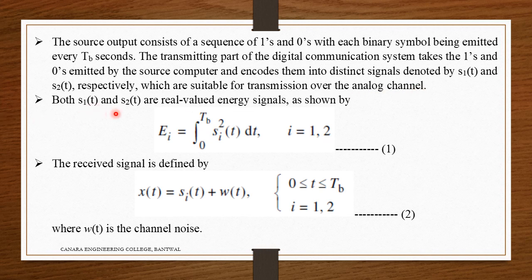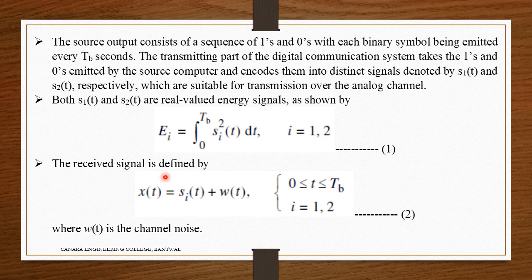Both s1(t) and s2(t) are real-valued energy signals, as shown by E_i equals the integration from 0 to T_B of s_i(t) the whole squared dt, where i is 1, 2. We call this equation 1.